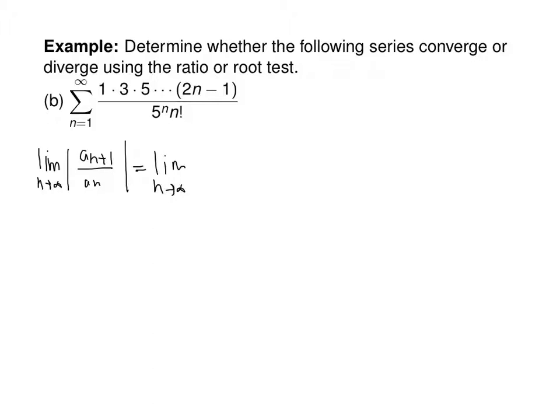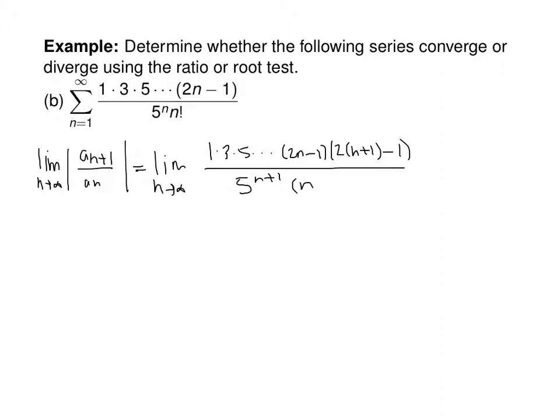So a_(n+1) will be 1 times 3 times 5 up to 2n minus 1, and then inputting n plus 1 will have 2n plus 1 minus 1 over 5 to the n plus 1, n plus 1 factorial, times 5 to the n, n factorial over 1, 3, 5, up to 2n minus 1.